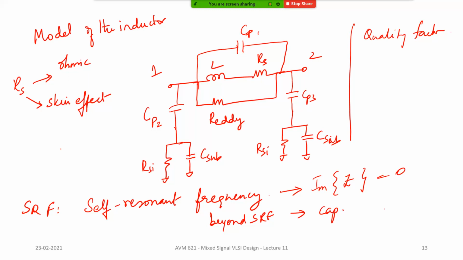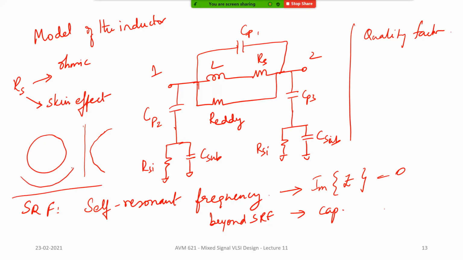So if you take a circular conductor, the current density is highest here. If you plot current density on this axis, it will look something like this, and the cross section will be basically like this, right?